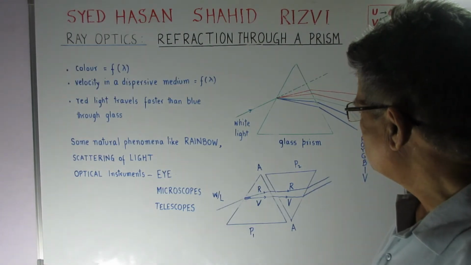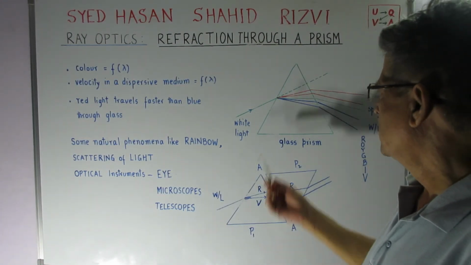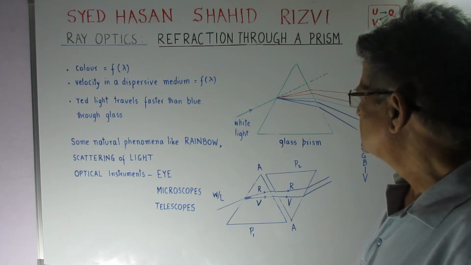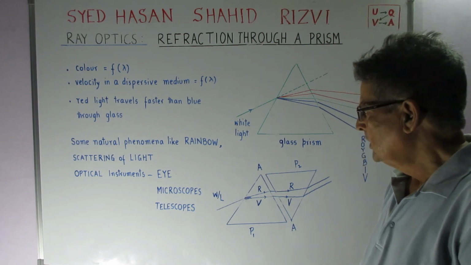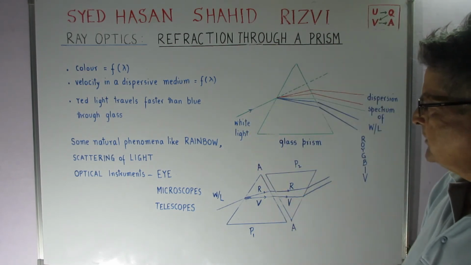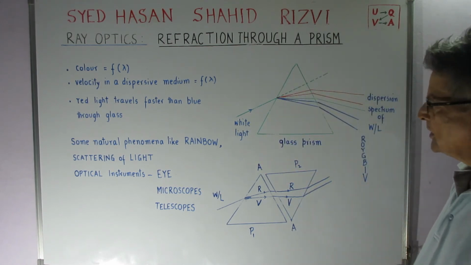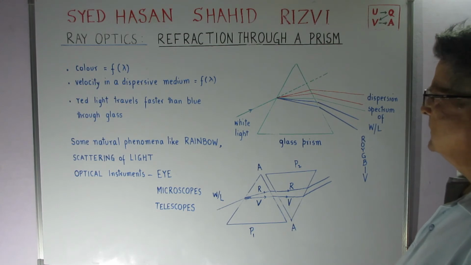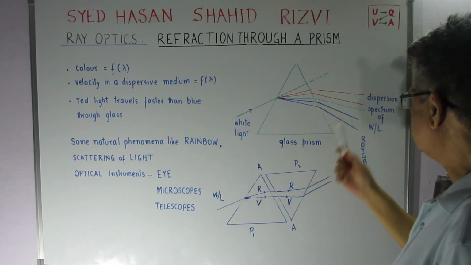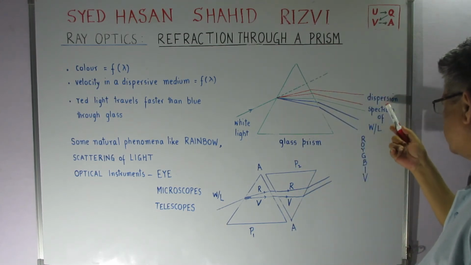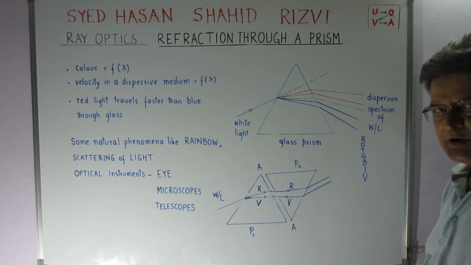So we carry on and discuss the dispersion of white light, which is a composite light composed of many colors and which splits into a dispersion spectrum.